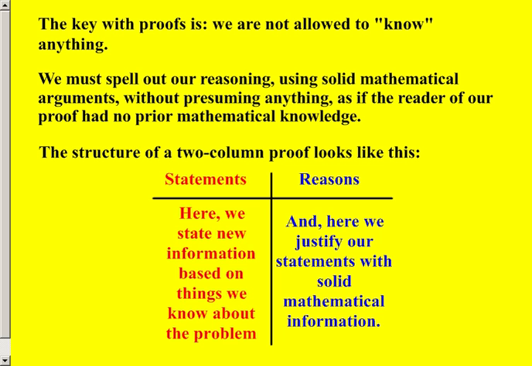For every single statement that we make, there must be a reason we were able to make that statement. So every statement has to be justified with solid mathematical information. Now, where are we going to get solid mathematical information from? Well, we have a lifetime of it.